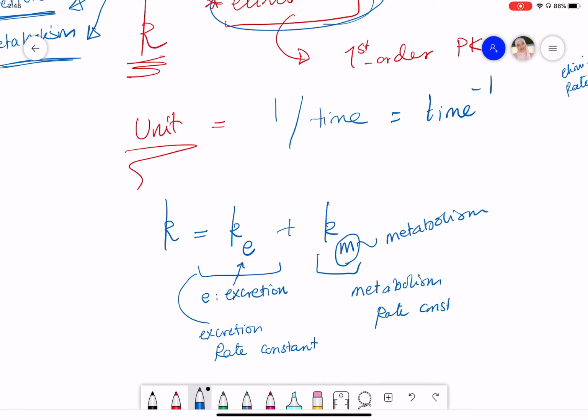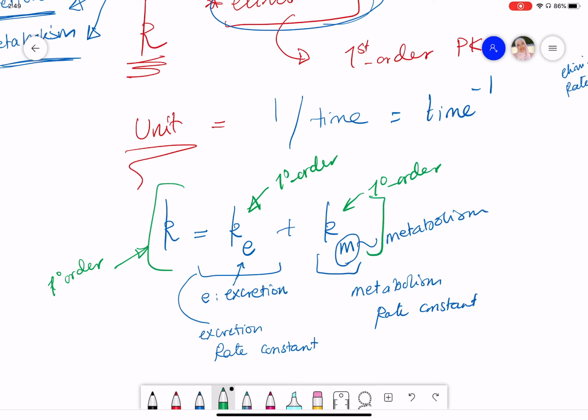And again, if this is following first order or linear kinetics, it means that this one would be first order and this one would be first order, so all of them follow first order.